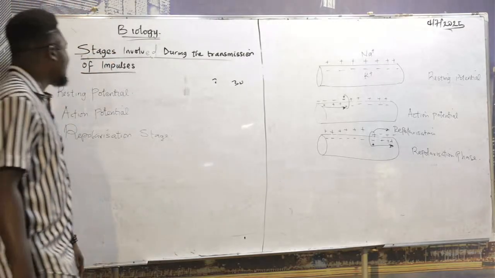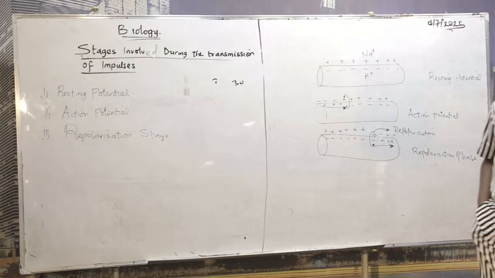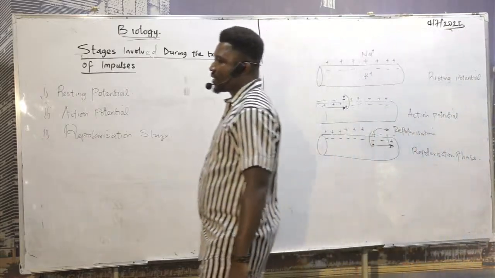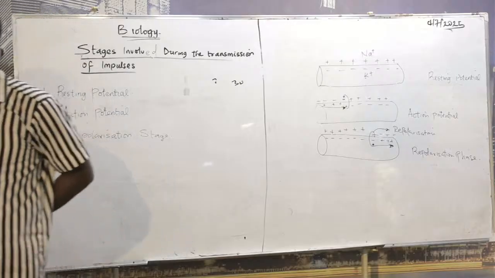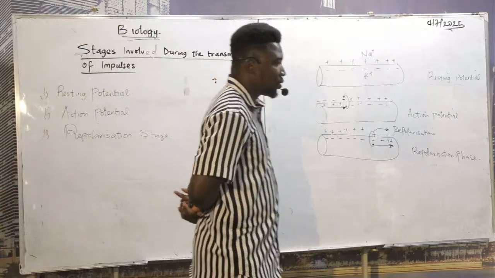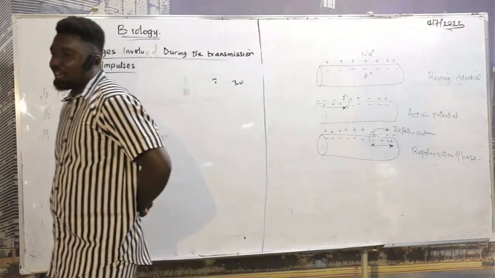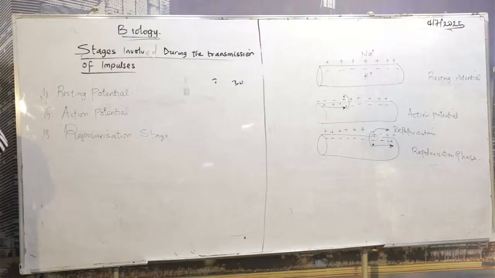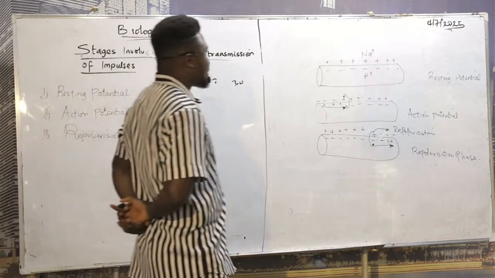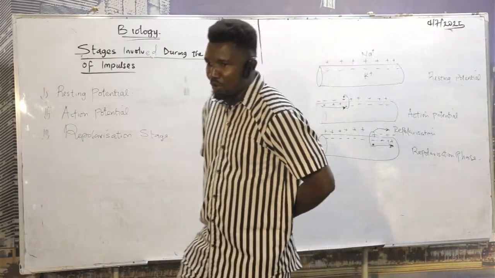Well, let us write. Resting potential. This is a stage where the neuron is at rest.